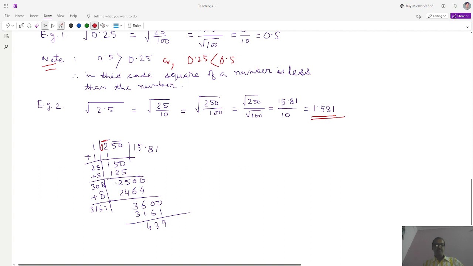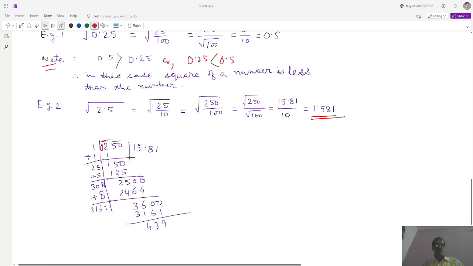But if we double 5, then we get the number equal to 30. 30 is greater than 25. So it will not be divisible by 25.